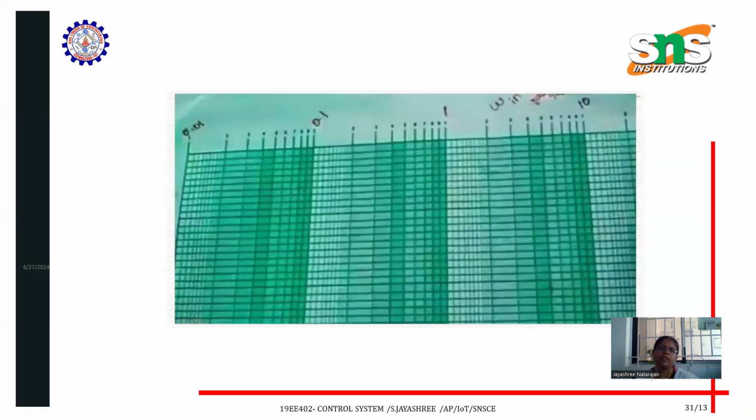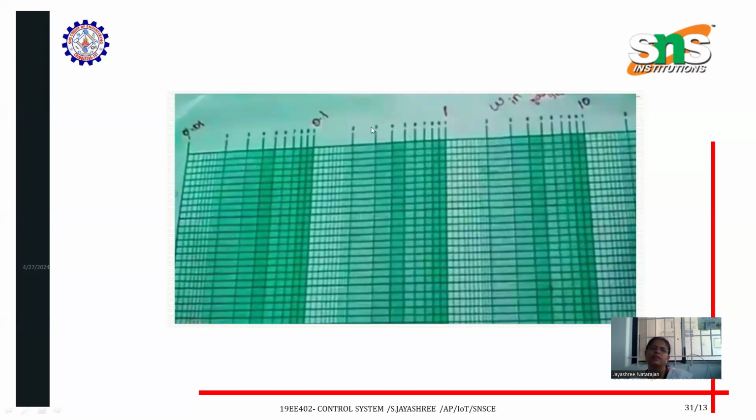Okay. Then let us look at how to take the scale. This is a semi-log sheet. On the x-axis we can choose randomly based on our requirement. So here I am taking 0.05, 0.1, 1, 10 like this.